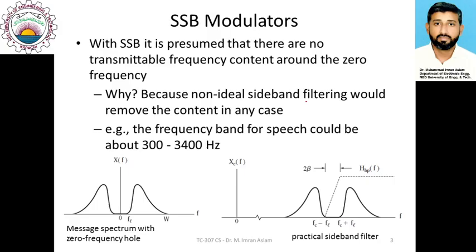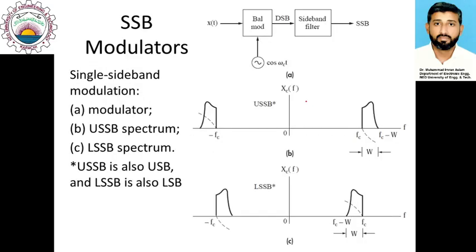One of the important things related to the SSB modulator is the filtering process. As I mentioned, we need to filter out one of the sidebands. However, we understand that practical filters have a response which deviates from the ideal response.